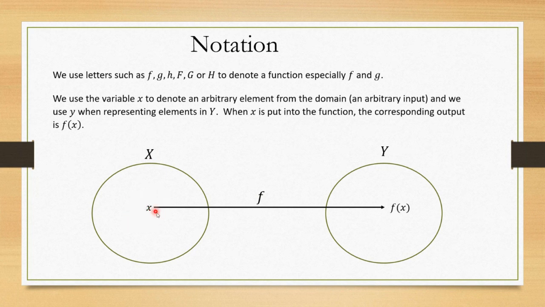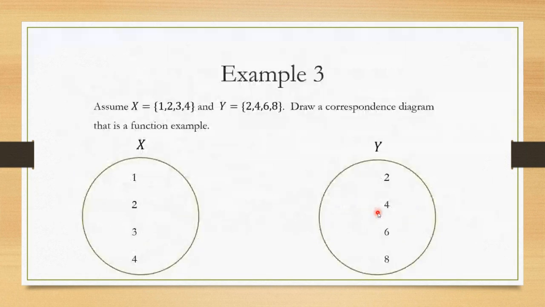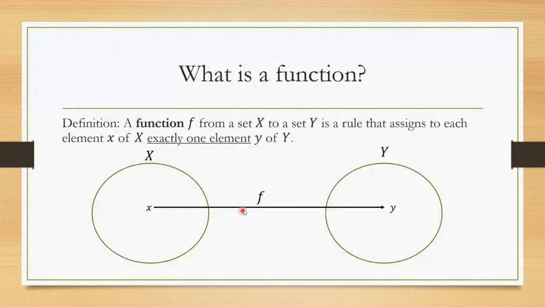Remember in the definition that the function takes x and normally gives you back y. Let me go back. If you go back here, remember how f takes an x, and what you get back, the output, is y, which comes from capital Y. Little y comes from capital Y, and y is assigned as output for x.